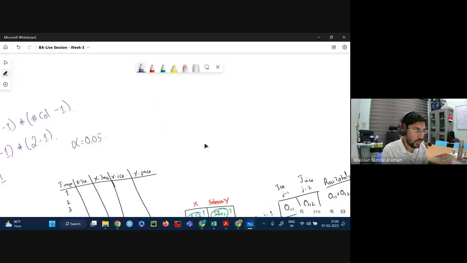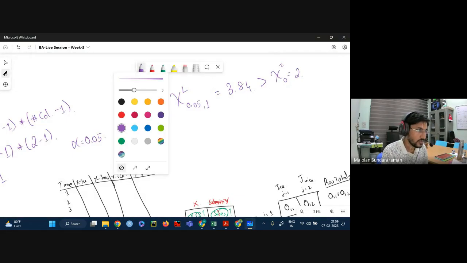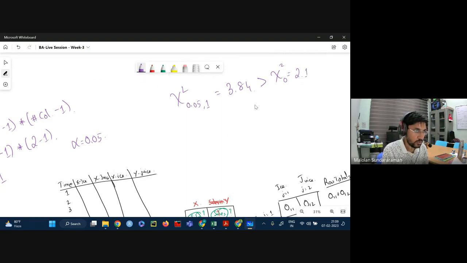Therefore, chi-square at 0.05 and 1 degree of freedom is 3.84, which is greater than chi-squared computed, which is 2.17.